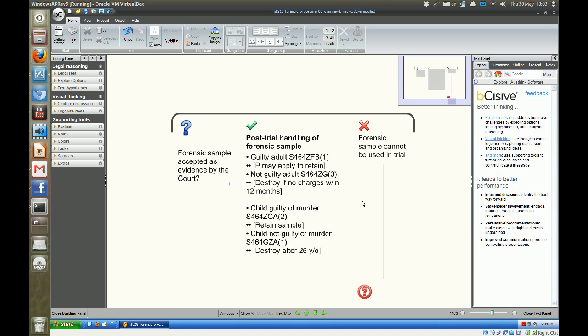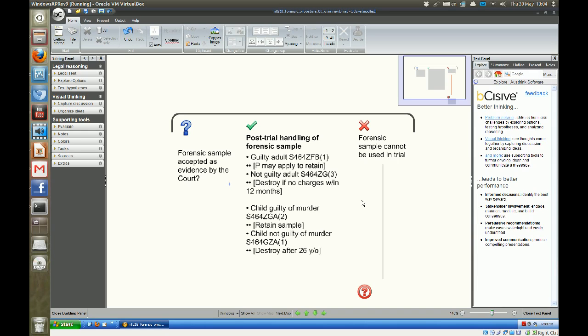Now, if we're talking about a forensic sample taken from a child, the key question is whether the child was found guilty of murder. And if the child was found guilty of murder, then pursuant to section 464ZGA subsection 2, the forensic sample used as evidence in the trial will be retained.